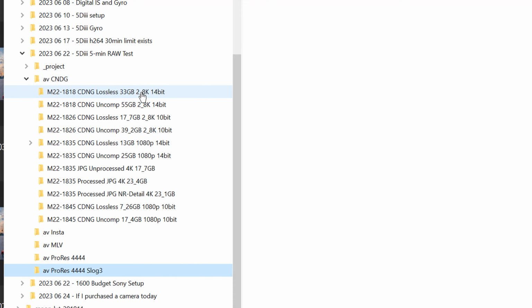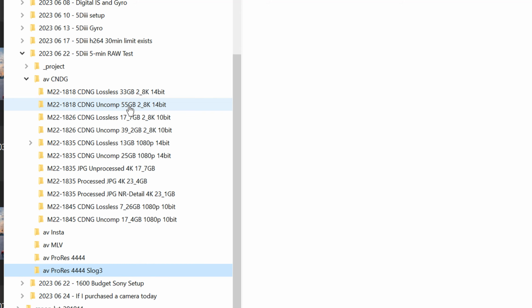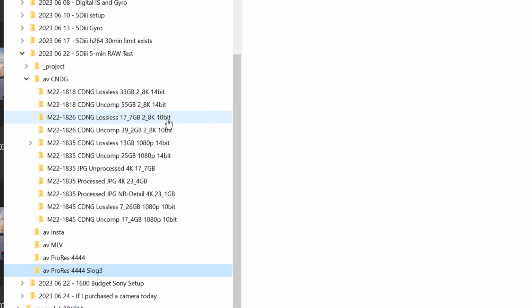But generally, what I found is that a 2.8K 14-bit raw 5-minute file is about 33 gigs. If I convert the MLV RAW to Cinema DNG lossless, it's about that, but Cinema DNG uncompressed is about 55 gigs, so about a 20-plus gig file size difference. Now, what happens if I go from 14-bit down to 10-bit?